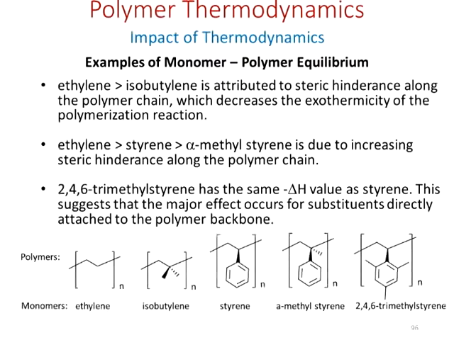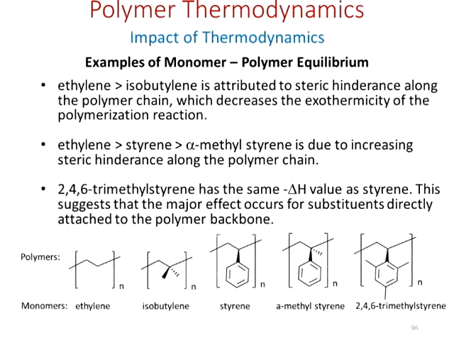We have ethylene greater than isobutylene, and we summarize these on this slide. Ethylene greater than isobutylene is attributed to steric hindrance along the polymer chain, which decreases the exothermicity of the polymerization. So in other words, you have to consider the steric factors when it comes to ethylene and isobutylene.